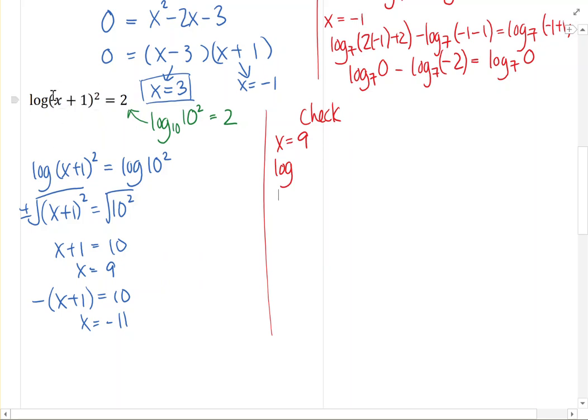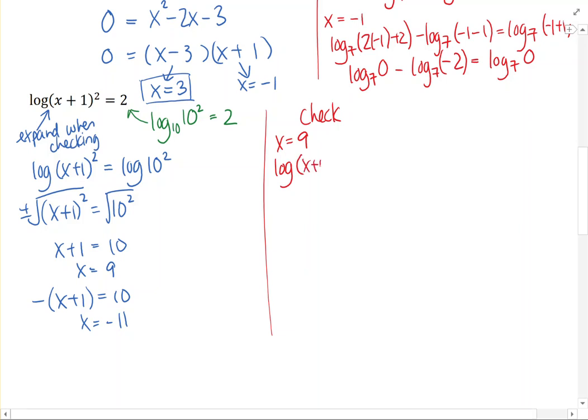So when you think about it, this is actually log (x plus 1) times (x plus 1). When this term can be multiplied, you can open that up with the product law, right? So I'm just going to write a note here. Expand when checking, okay? So while we're checking it, we have to expand it.